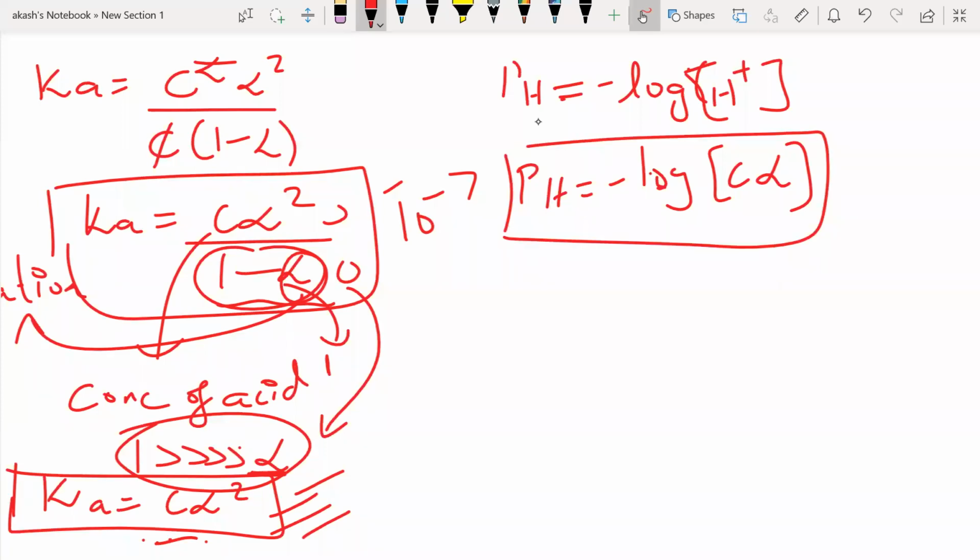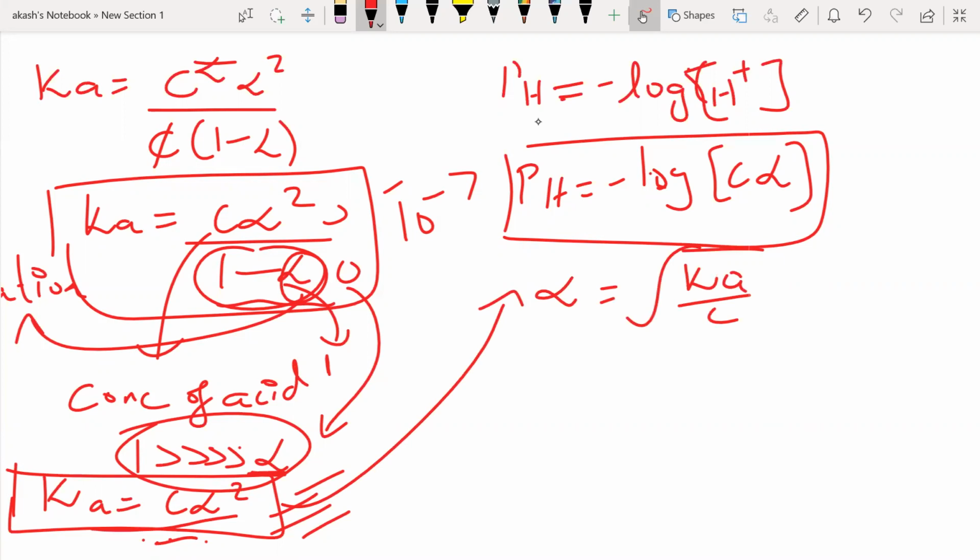Now, if I use this equation here, I can write alpha as root of Ka by C. Alpha value will be equal to root of Ka by C, so I can put that there. pH will become negative log of root of Ka and root C, and this root C will get cancelled.